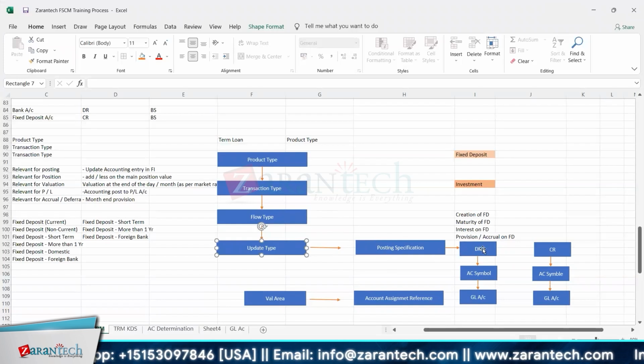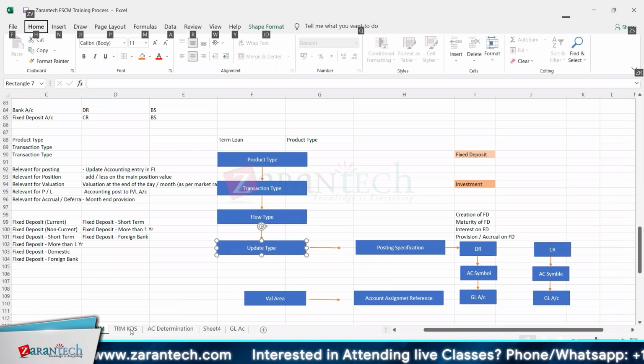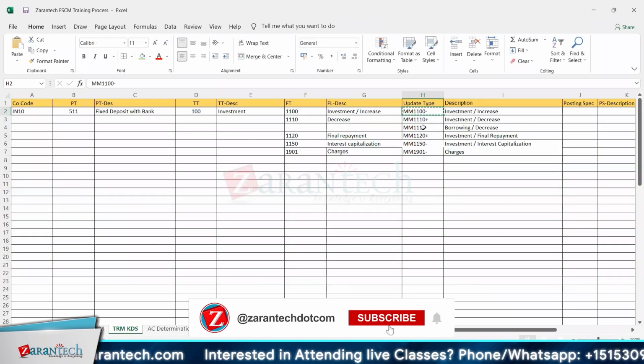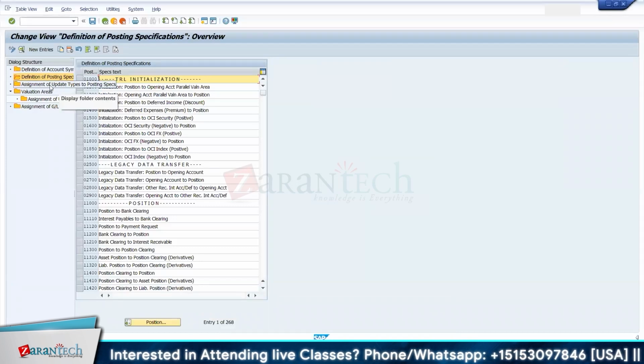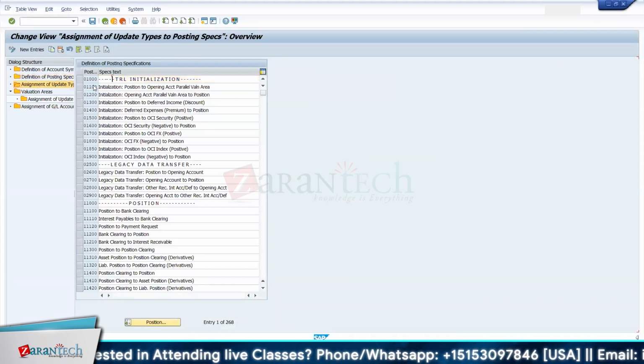And then for the posting of any account we use an account symbol. How we create new account symbols, we will learn in another class. But here first you need to check, against your update type, what the posting specification is. So this is my update type here. One of the nodes is called assignment of update type to posting specification.